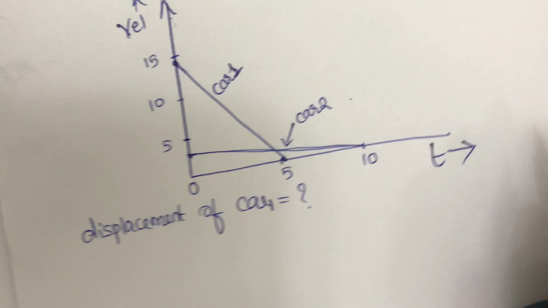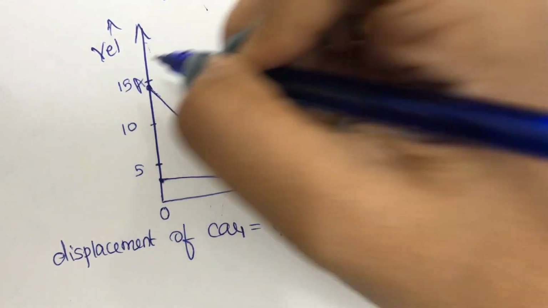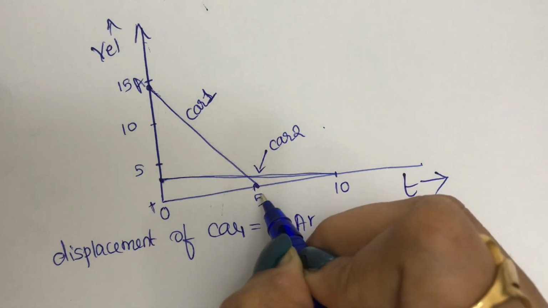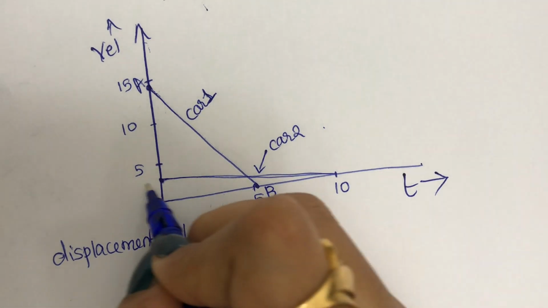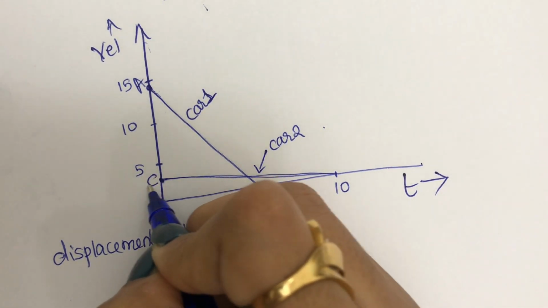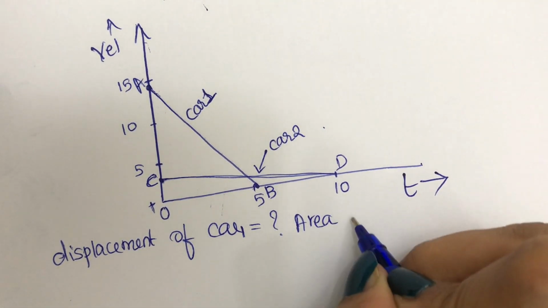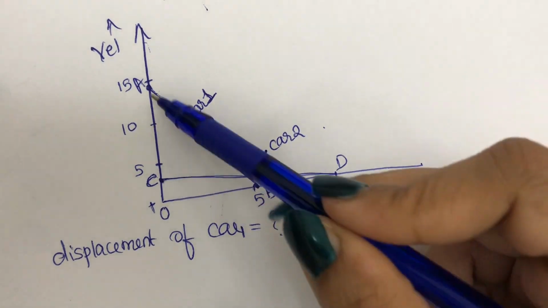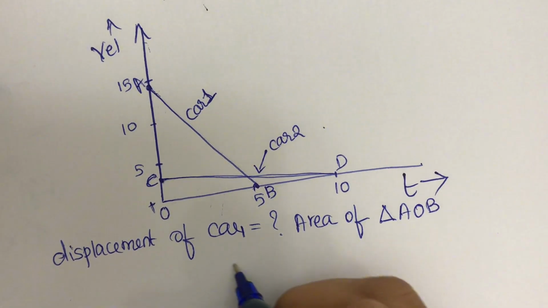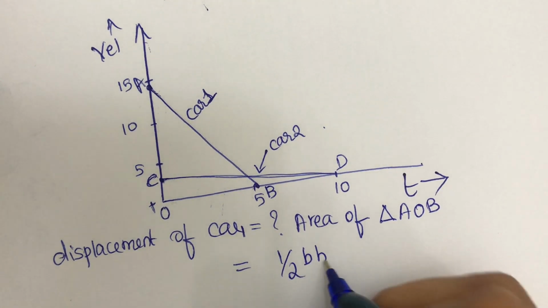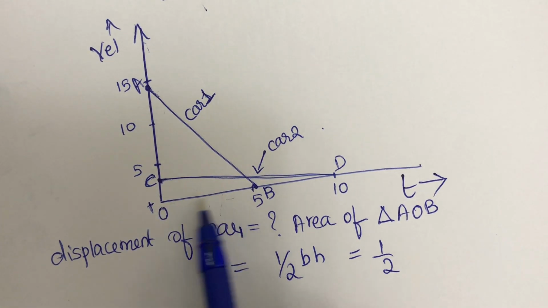So the area for car 1, this is O, and this I'll write B, this one A, then C here, and this D. So the area of triangle AOB is half base into height.